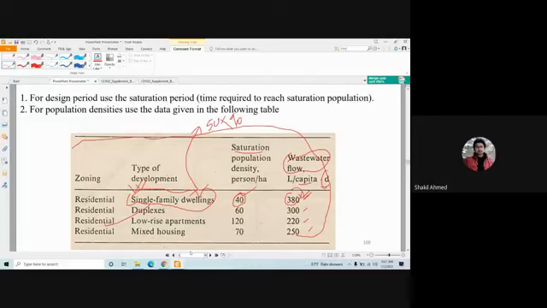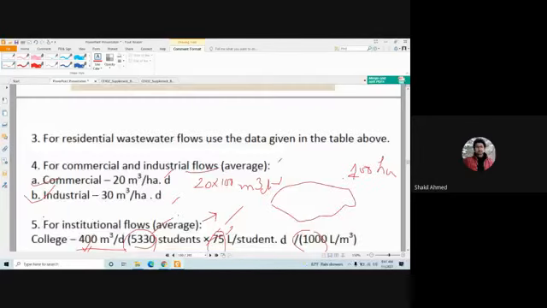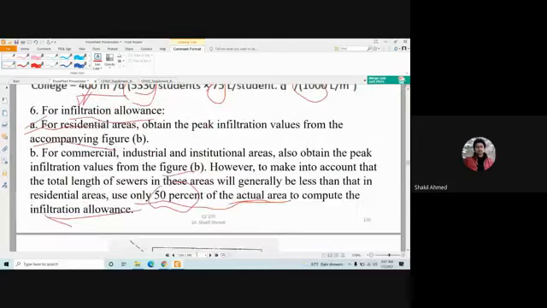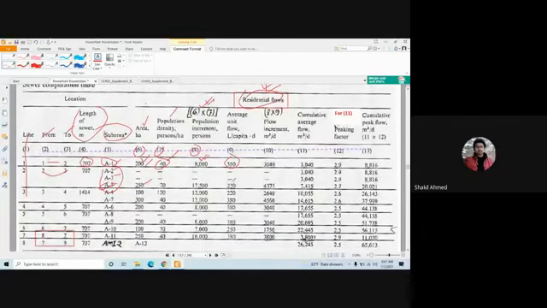So that's why we have put 380 here. Similarly, for other types of residential area, you will put the average unit flow. Clear? This is the average. Okay? Clear? Yes, sir.